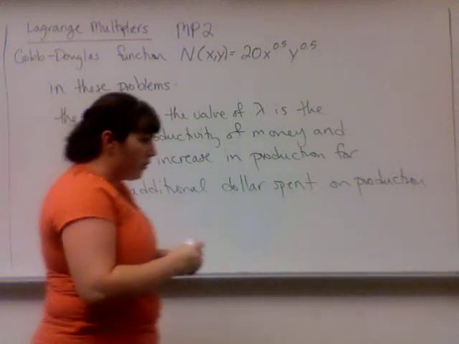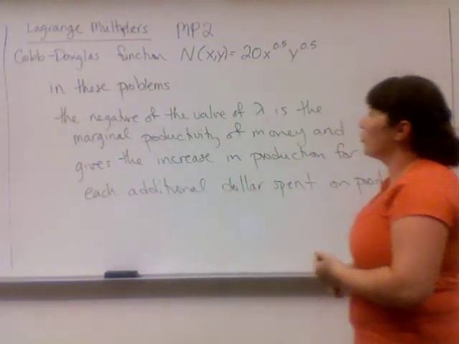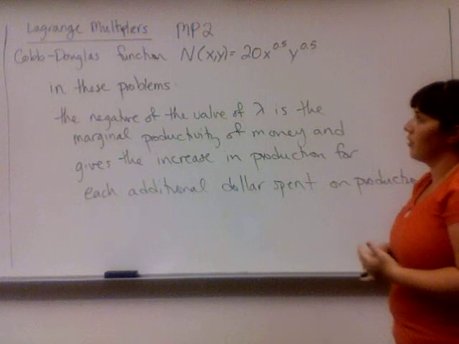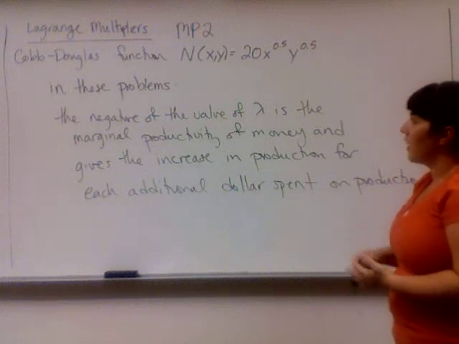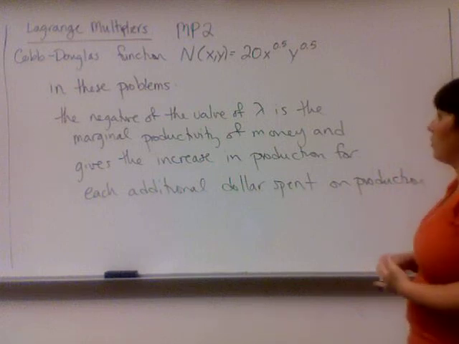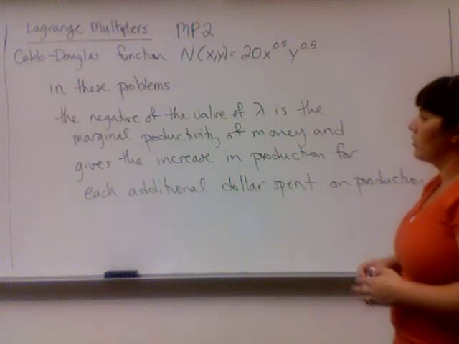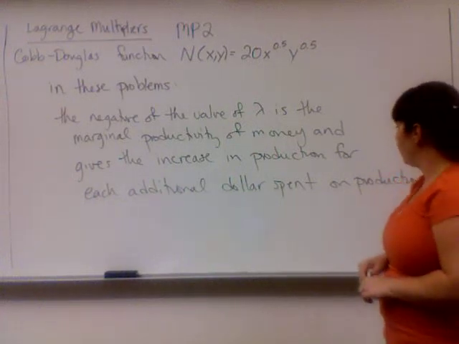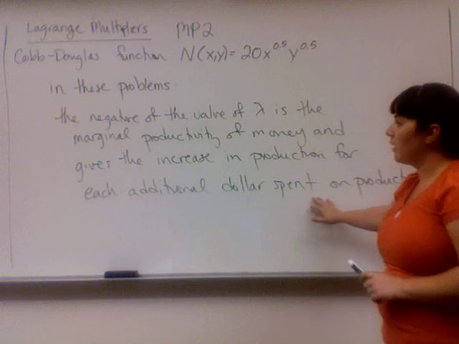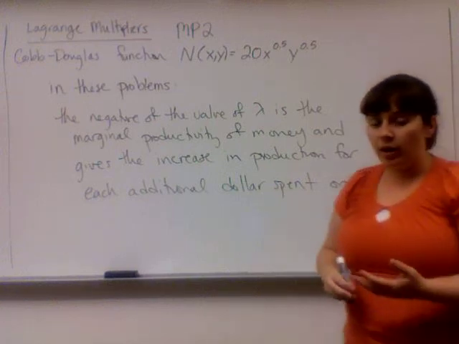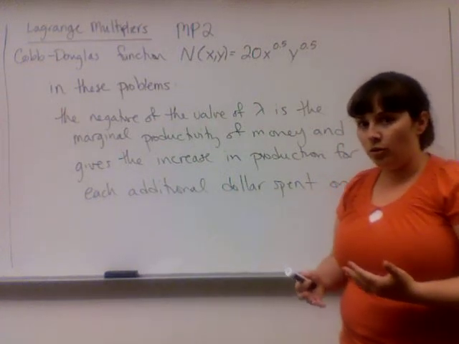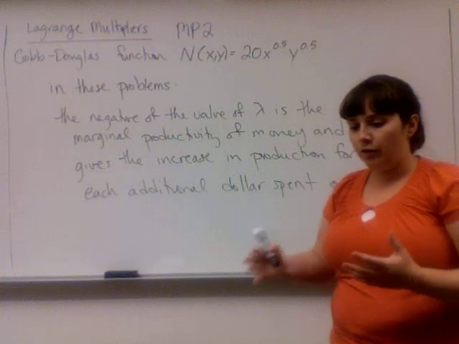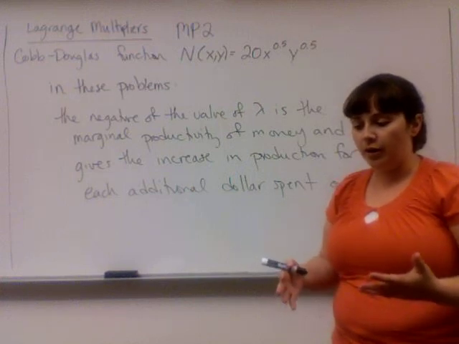And similarly, we have ways to interpret the partial derivatives of the Cobb-Douglas production function. Remember, they were the marginal productivity of labor and the marginal productivity of capital, right? The effect of those, the number of units of labor and the number of units of capital changing have on production itself. Okay? So whatever, you can get a value for lambda by evaluating the lambda equals equations when you solve them in the first part of trying to eliminate a variable in the system.